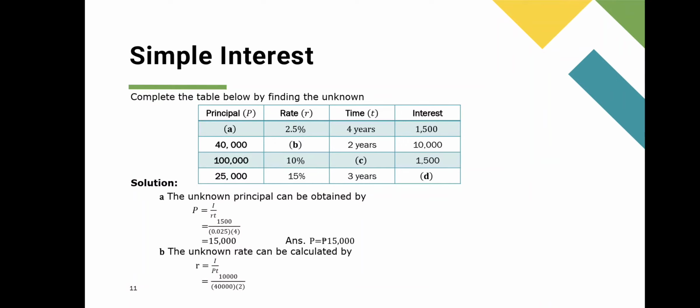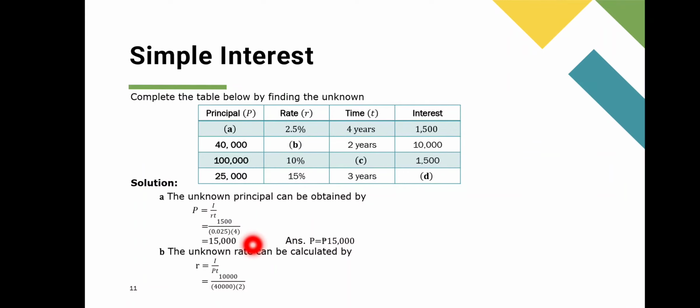So, we have there, interest is 10,000. Then we have principal amount is 40,000 pesos and time is 2 years.